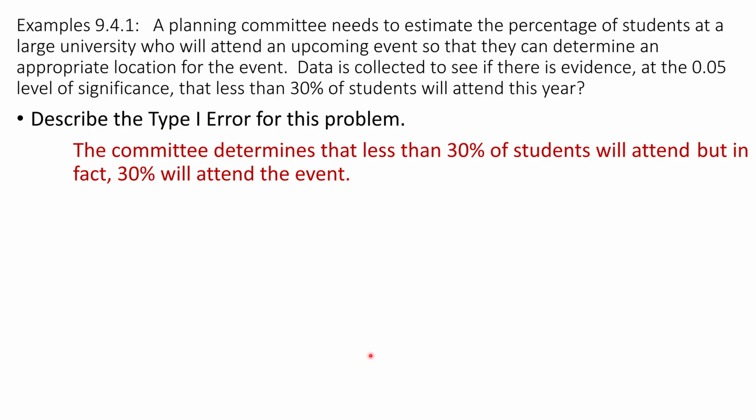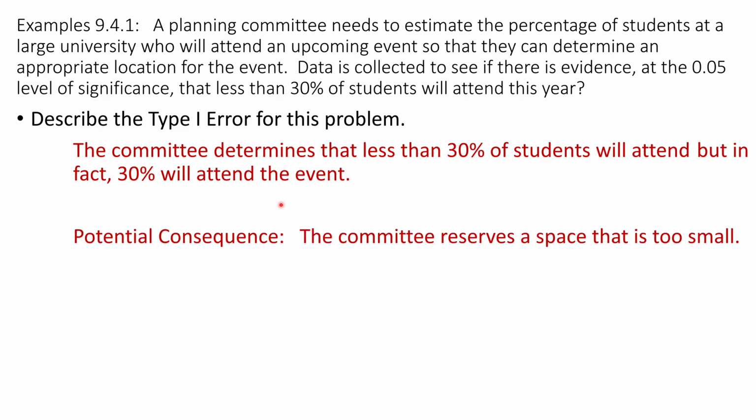However, in fact, 30% will attend the event. This will be a type 1 error for this problem. This decision has a potential consequence. The committee reserves a space that is too small.